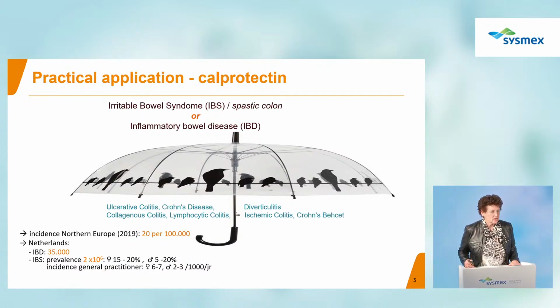It is a test which you can perform easily, and it is also a valuable test because in the northern part of Europe the incidence of IBD is much higher. IBD in the Netherlands is 35,000 people, and the prevalence of IBS, for instance, is 2 million. And it is a little bit more in men than in women.